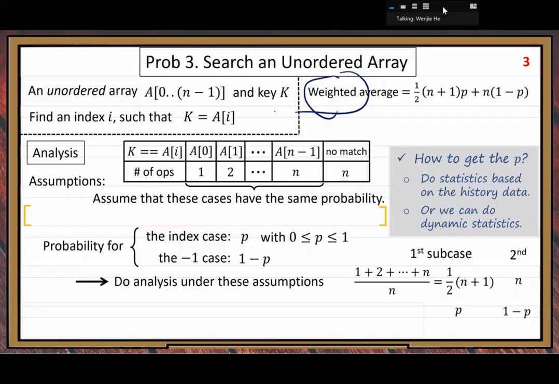Average case efficiency, we call it. And this measure is the best one for the overall efficiency. If people ask overall efficiency, then you should provide this number.